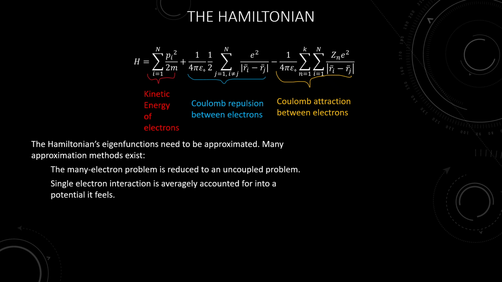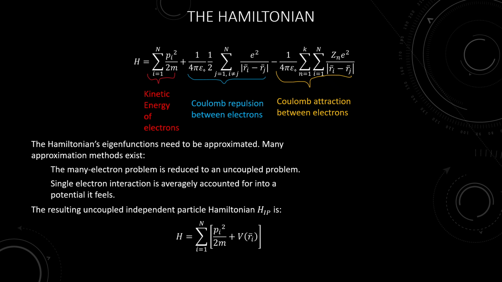We also have that the interaction of a single electron with another electron is accounted for in an averaged way in a potential felt by it. So this is the second approximation that we can use. This then results in an uncoupled independent particle Hamiltonian, which is given by this particular equation.